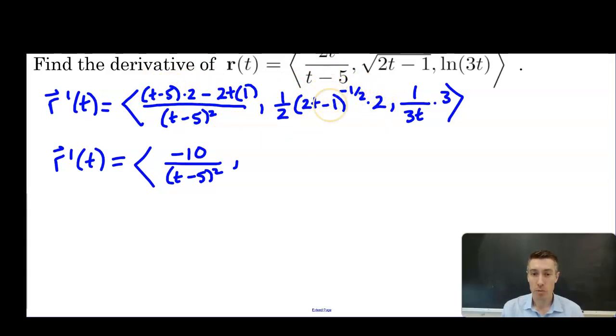The negative exponent will move that down to the denominator, and I'll put it back as a square root, so this is 1 over the square root of 2t minus 1. And then the 3 and the denominator simplify, so that's just 1 over t. So our derivative vector, r prime of t, is negative 10 over t minus 5 squared, 1 over the square root of 2t minus 1, and 1 over t.